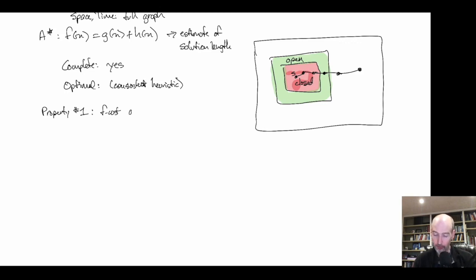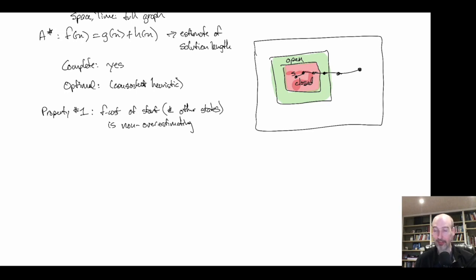So the F cost of the start and of other states as we expand them is non-overestimating. We'll go ahead and prove this, and it's going to follow from admissibility and consistency. In general this is true of the other states, but we can start with the start state because we'll need that for induction steps.